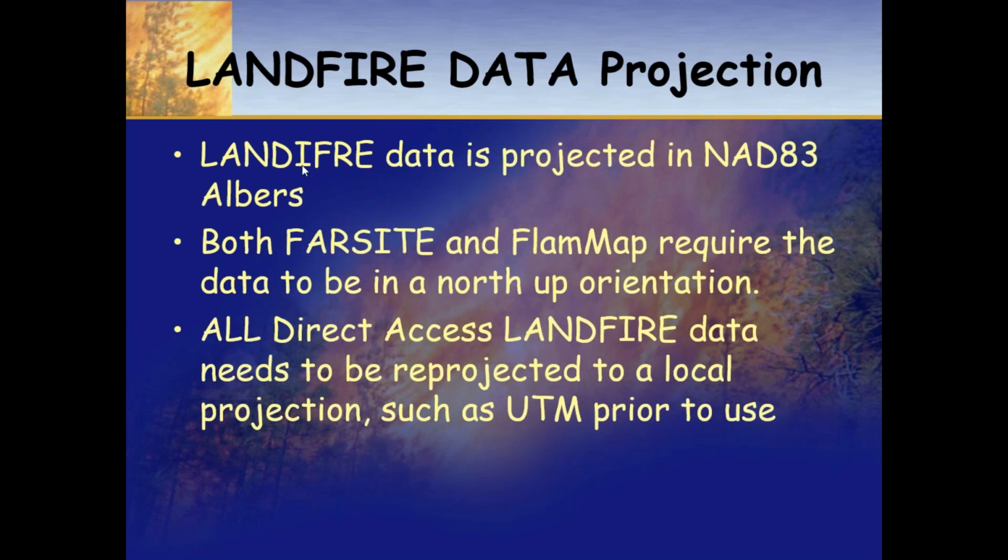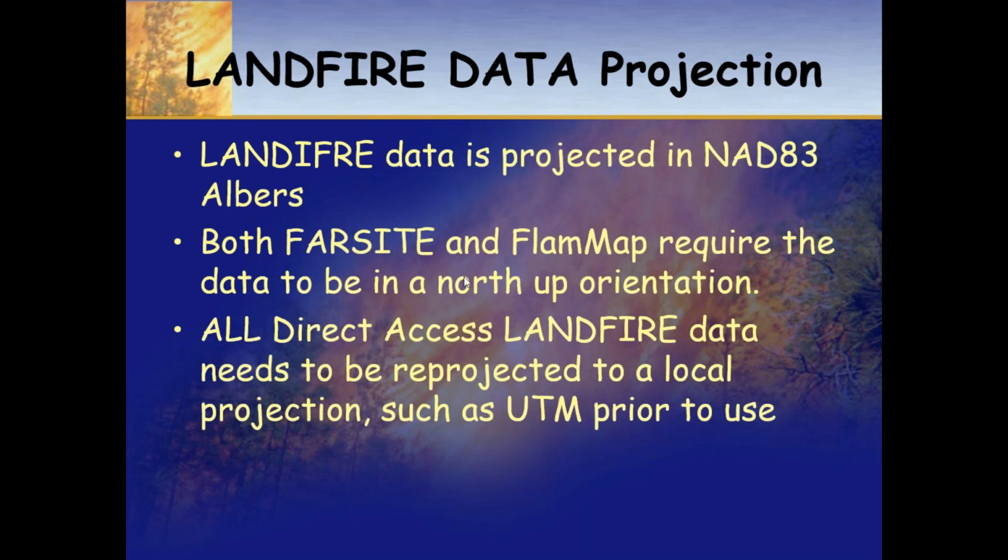Another thing that I find that people don't know is that the Landfire data is projected in this NAD83 Albers. And there's some issues with that because Farsight, FlamMap, even WFDIS and IFTDIS that are using these same geospatial modeling routines all require that your landscapes be oriented in a top north orientation. So something like a UTM, a local UTM coordinate, or state plane.